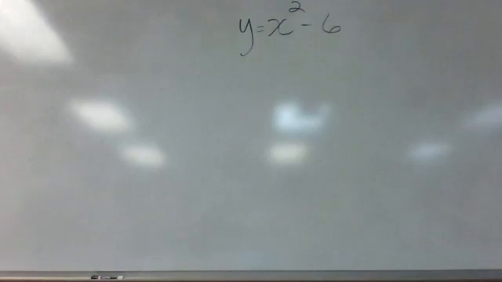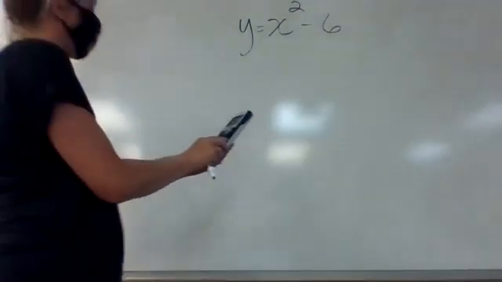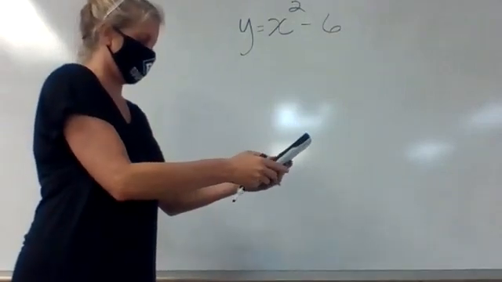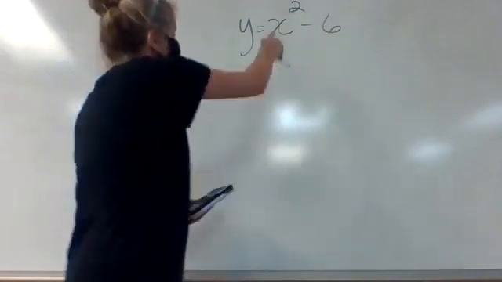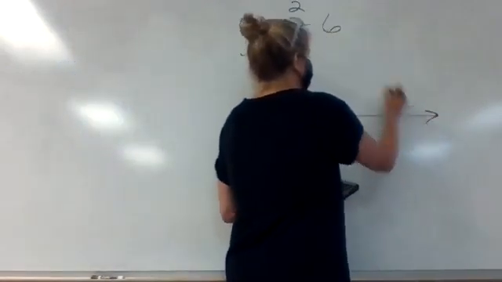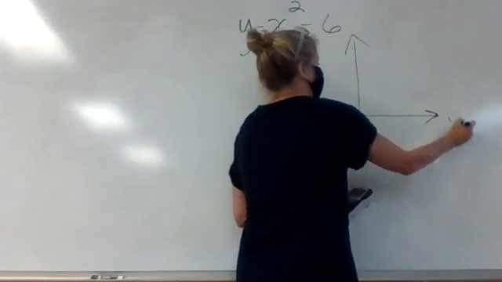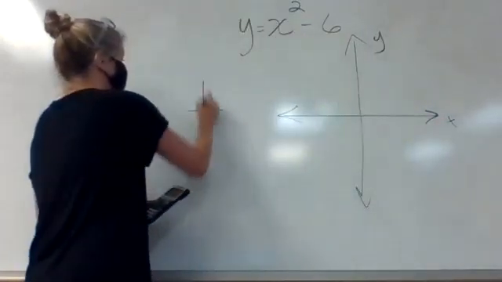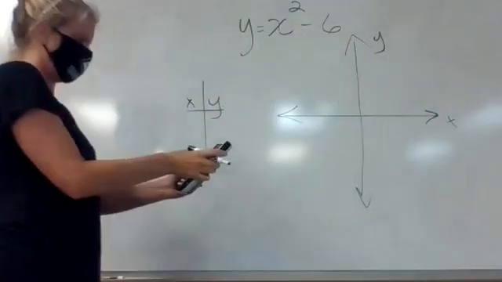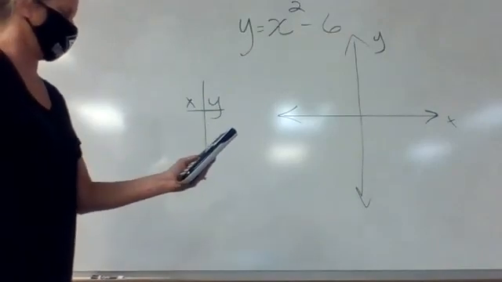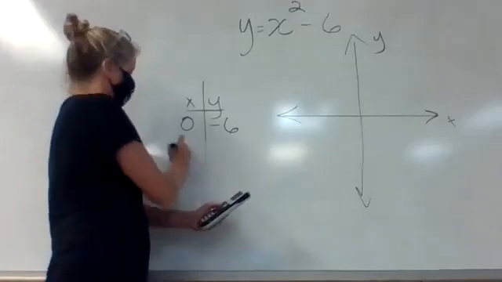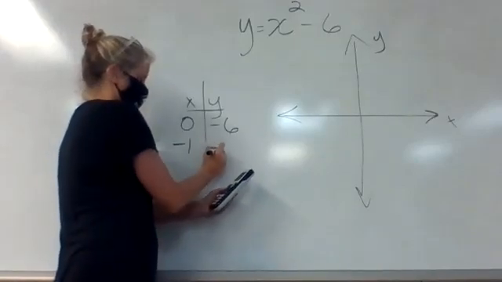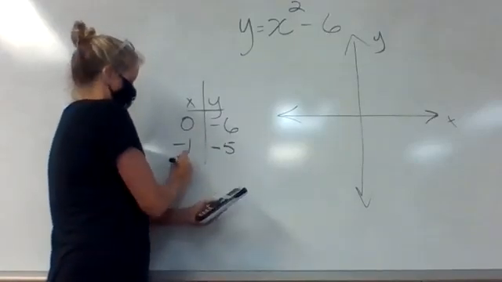Okay, so real quick, in y equals, you should have x squared - 6. It's going to make a U shape, because your x is squared. I need 2 points. I'll do 0, -6; -1, -5; and 1, -5.